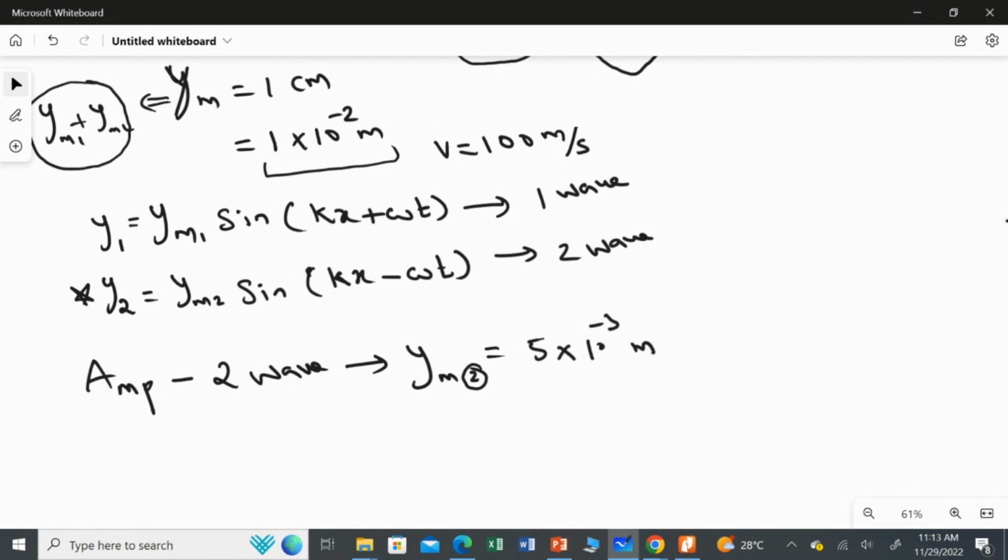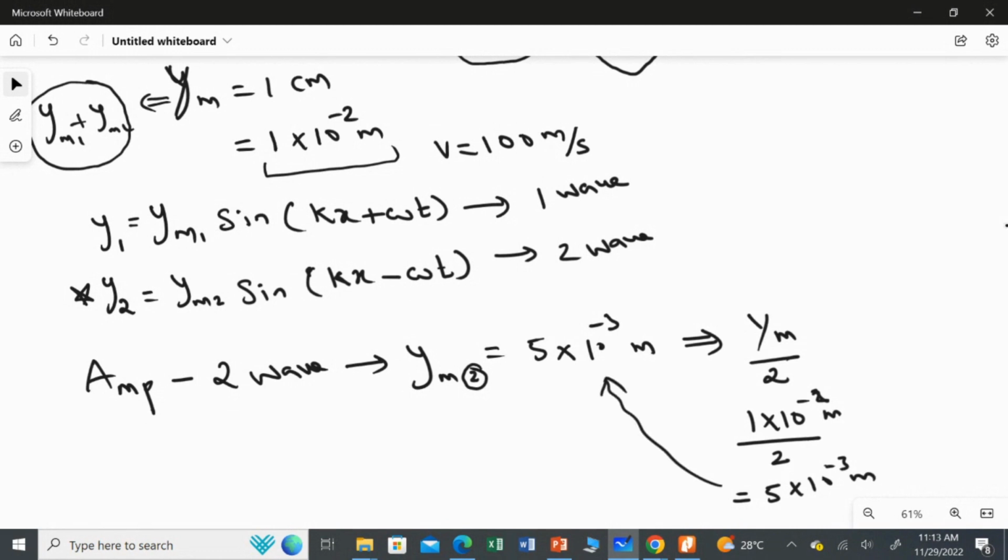How did I get this? I simply divided the total amplitude, 1 multiplied by 10 power minus 2 meter, by 2. Clear? That is our answer for the first question.